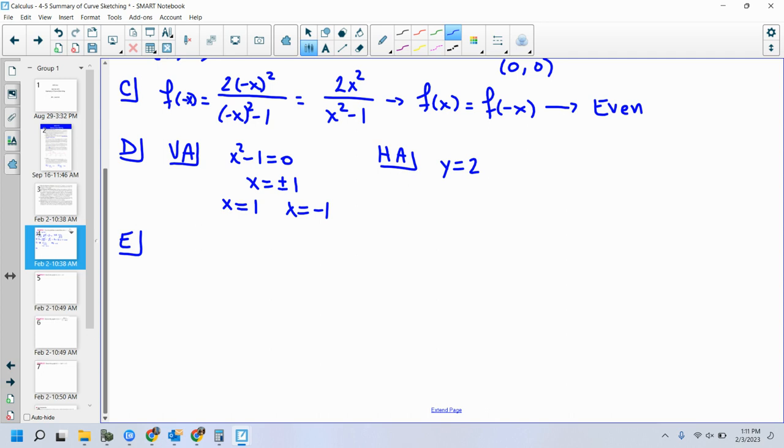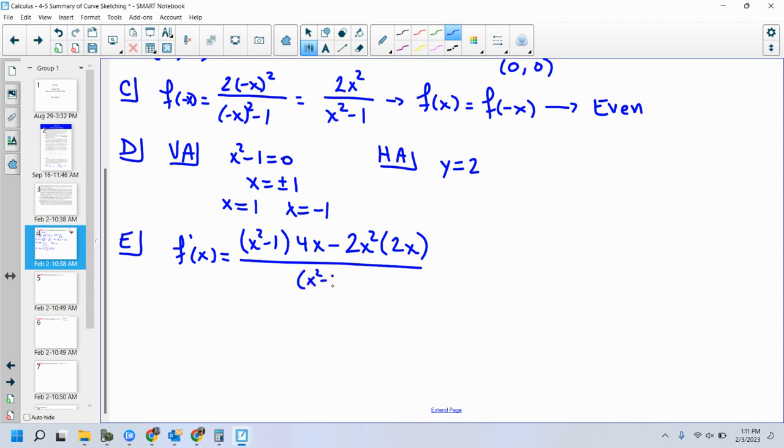So low, f prime of x is equal to low, which is x squared minus 1, d high, which is 4x, minus high, derivative of low, all divided by low squared.